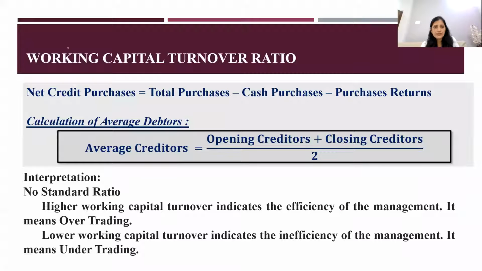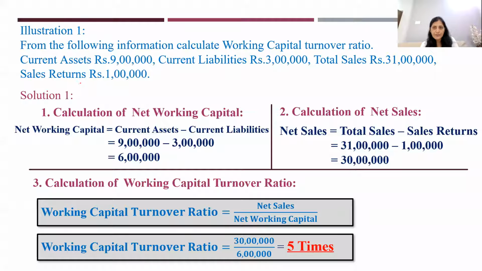So here I'll tell you the working capital turnover ratio. We will solve one problem over here. From the following information, calculate working capital turnover ratio. Current assets is rupees 9 lakhs.